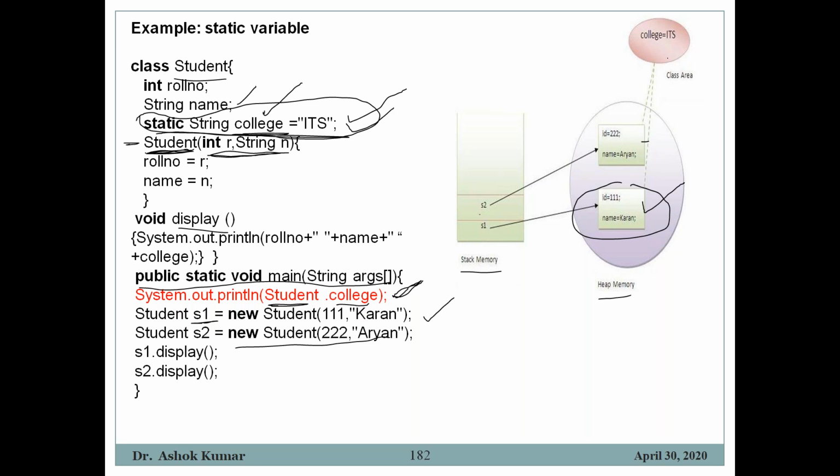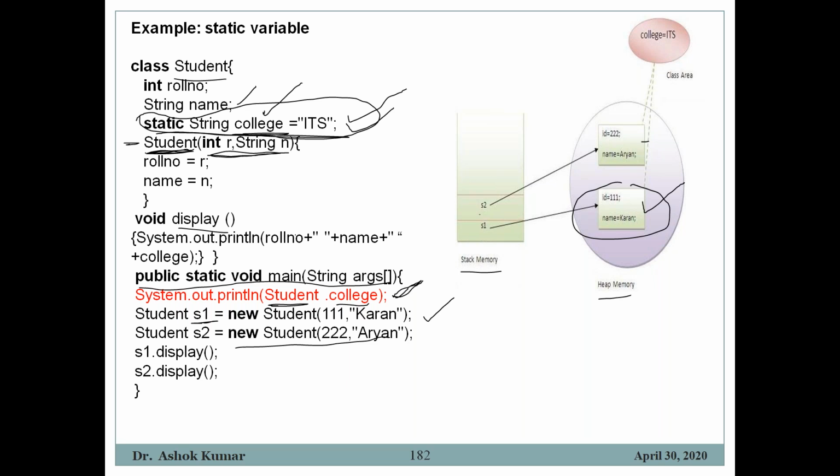If you want to share some variable values among all the instances or objects of a class, then you can create those variables as class variables, because every student of a particular university will share the university name, so the university name should be a class variable.